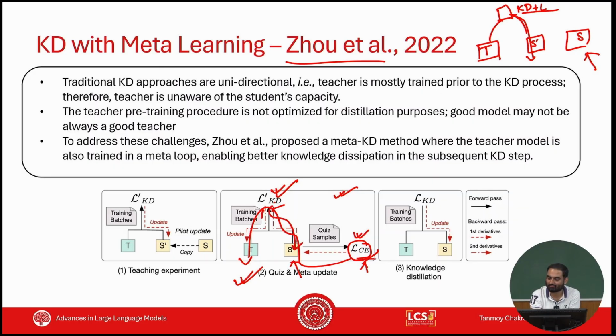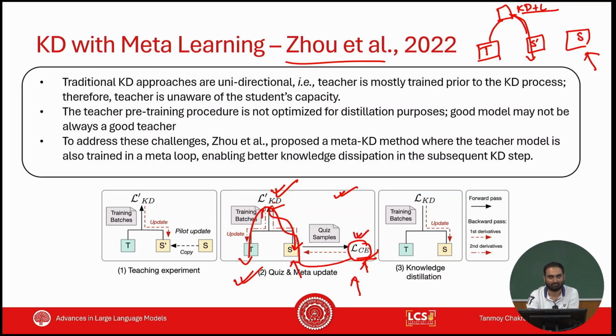But the cross entropy loss gets back propagated through student till teacher, right? So at this stage, the teacher knows where the student made mistakes, and the teacher's parameters get updated accordingly.